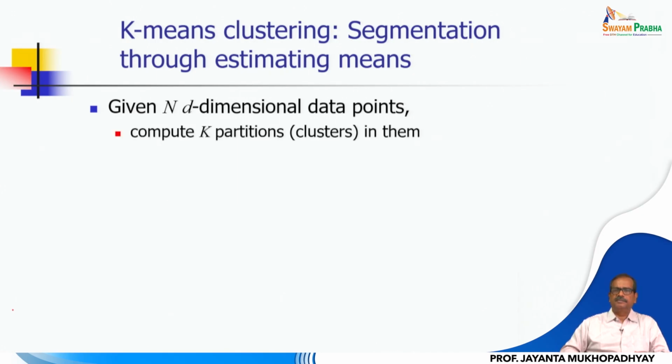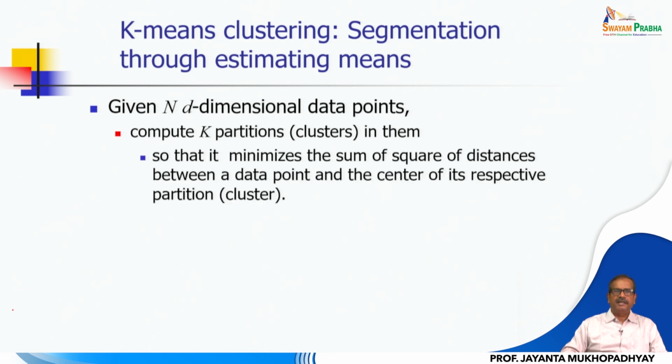The objective is to compute k partitions, and each partition is also referred to as a cluster. That's why the term clustering came. We have to compute k partitions in such a way that it minimizes the sum of squares of distances between a data point and the center of its respective partition or cluster.